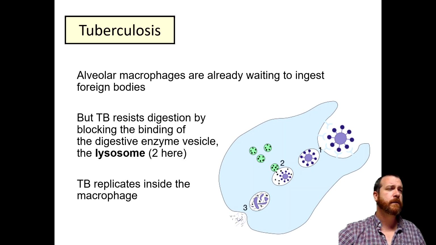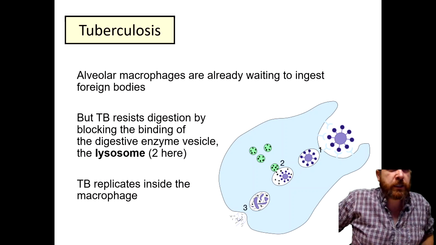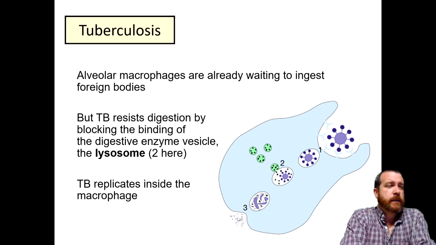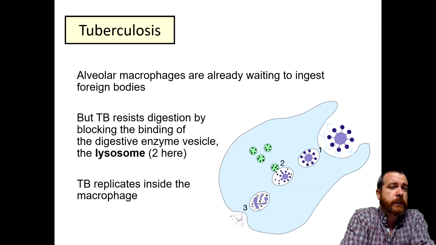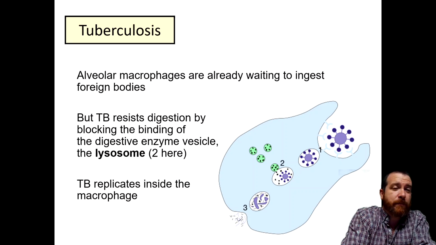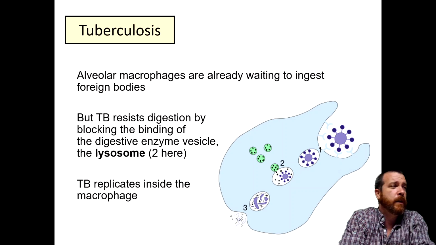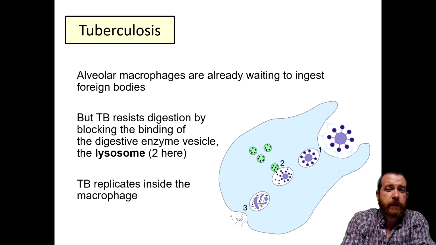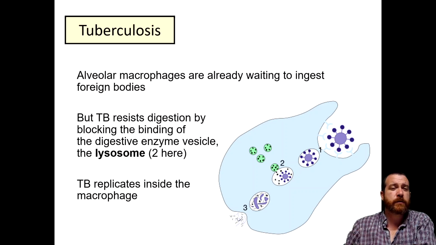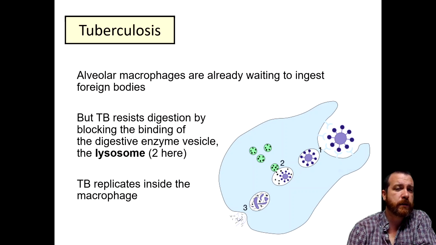The problem with TB comes from the fact that it is preferentially okay with being inside of a macrophage. If I ingest tuberculosis droplets that have bacteria inside of them, the thing that's supposed to sweep this up is my alveolar macrophages, these really aggressive macrophages that are supposed to clear foreign material from my lungs.